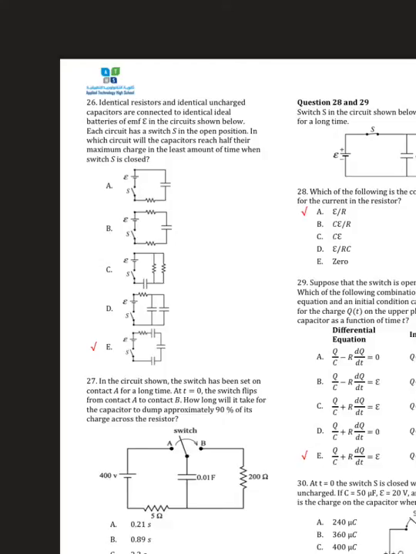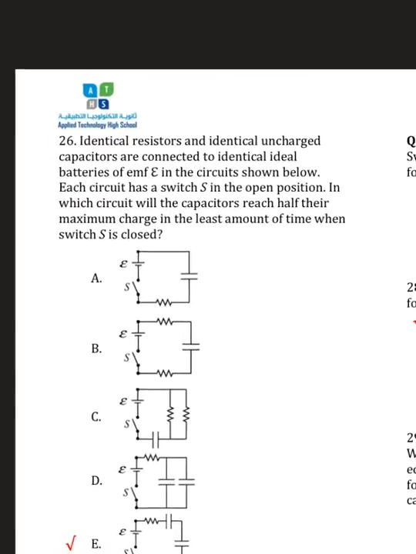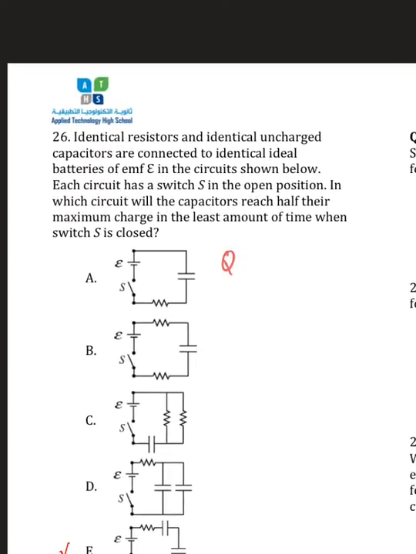So we are going to write here the formula for charge on a capacitor as it is charging. It is Q equal to Q max (1 minus e to the power of negative t over the time constant). Now it's asking that you have to reach half the maximum charge, so Q max over 2.